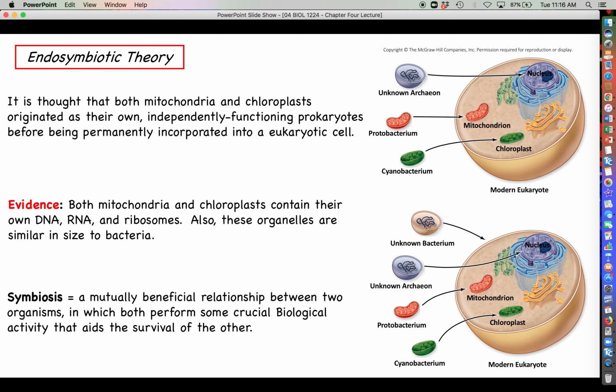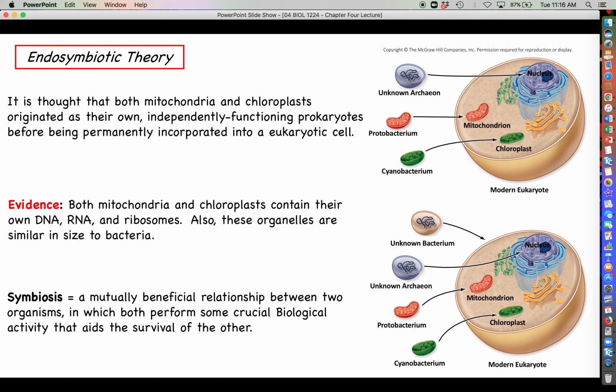Okay, so let's tie this discussion together by talking about endosymbiotic theory. This is basically a very philosophical discussion on where did mitochondria come from, where did chloroplasts come from, and heck, where did the nucleus come from? If you'll recall back to chapter 1, we discussed the idea that all organisms on Earth have a common ancestor.